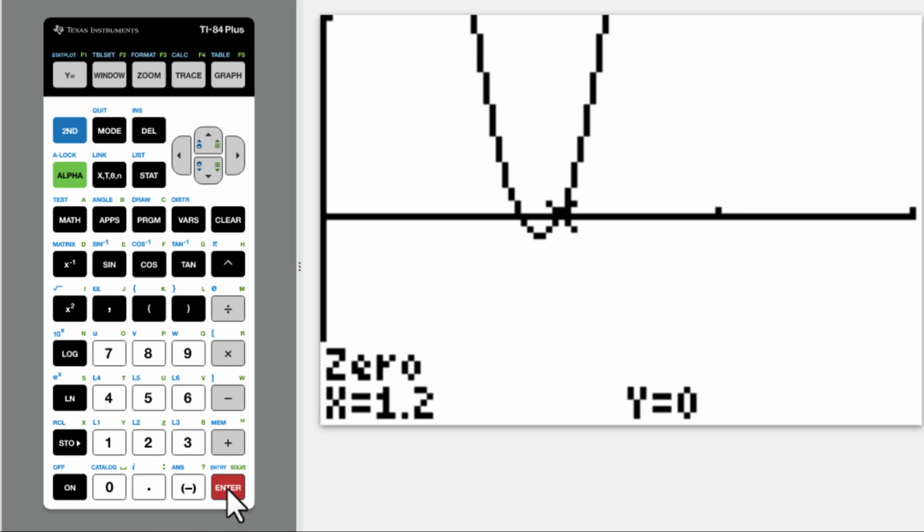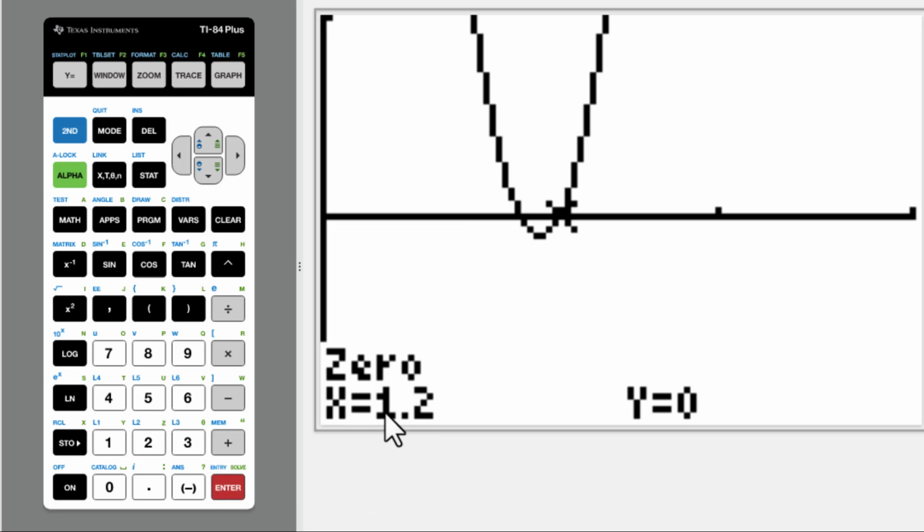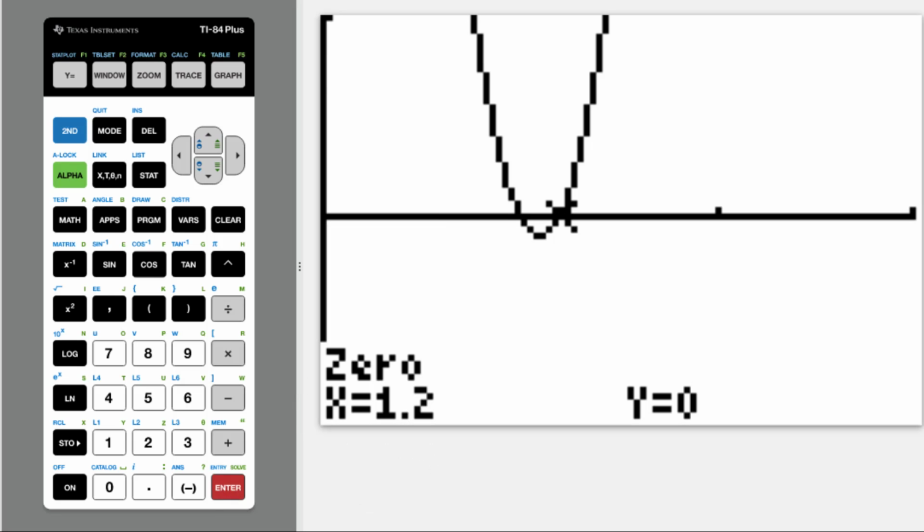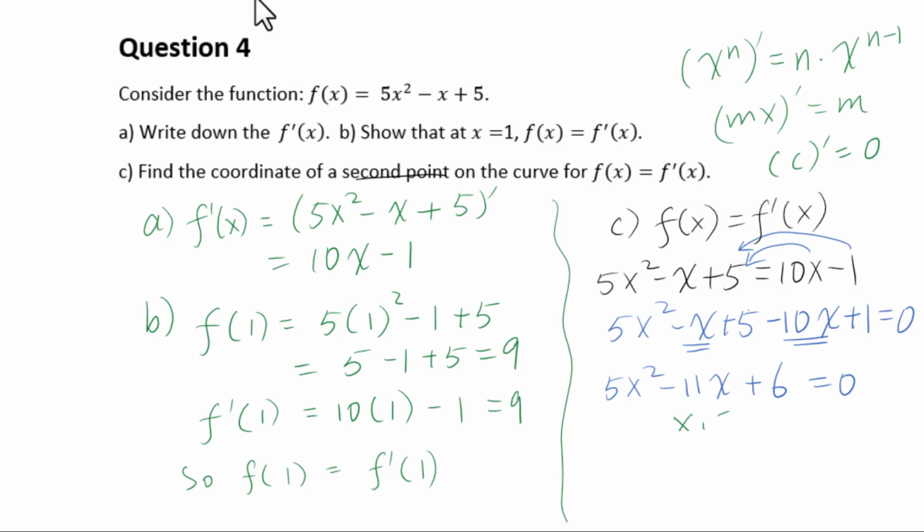Enter. Enter. You get x equals 1.2. So x1 equals 1, x2 equals 1.2. Since we are looking for the coordinates, don't forget to work out the y coordinate.